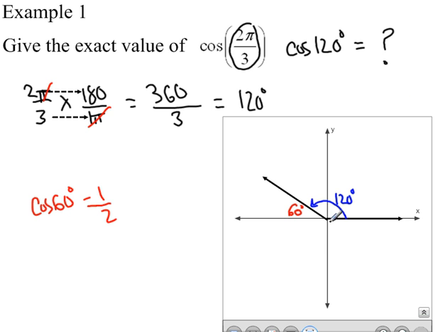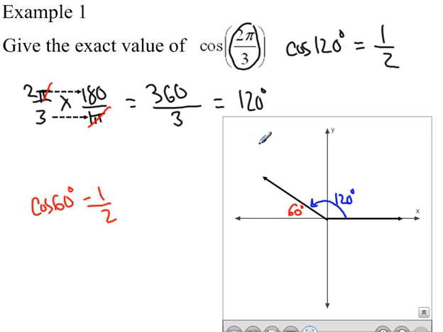So what's the cosine of 120 degrees? I know it's going to be 1/2 because the cosine of the reference angle is 1/2. But now I have to decide if it's going to be positive or negative.